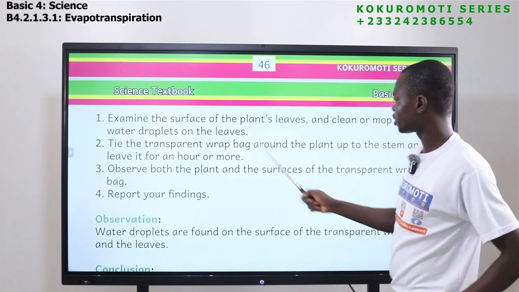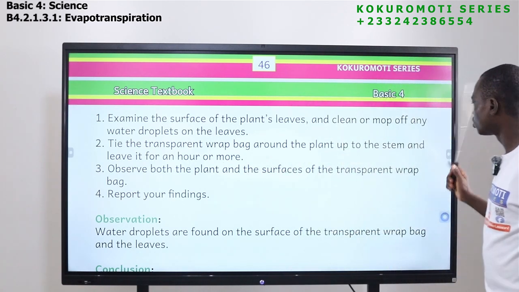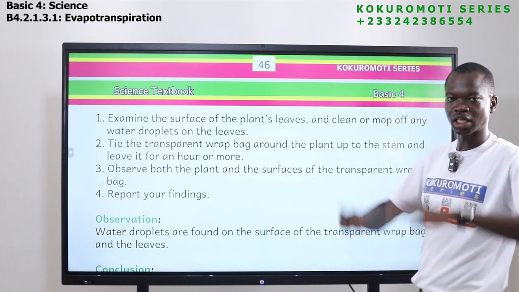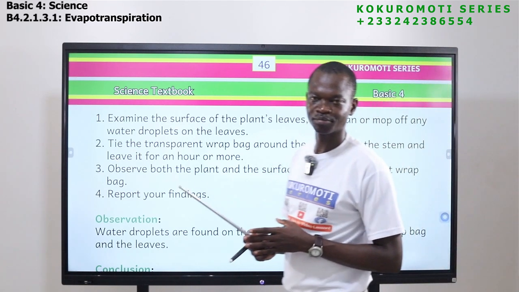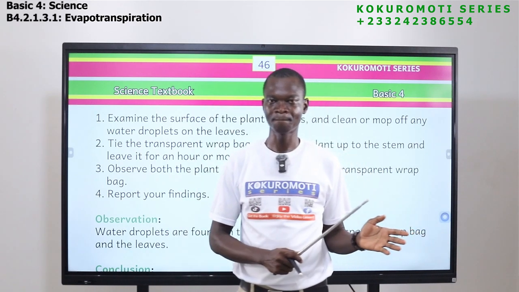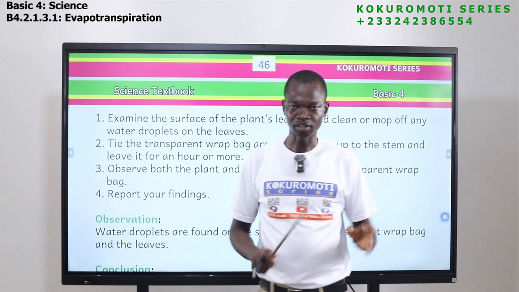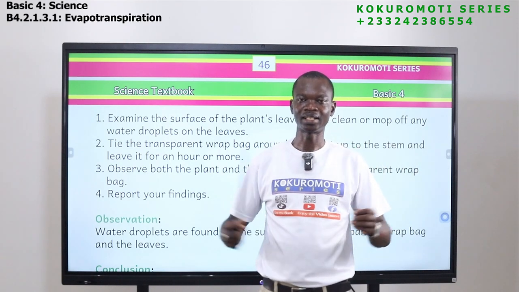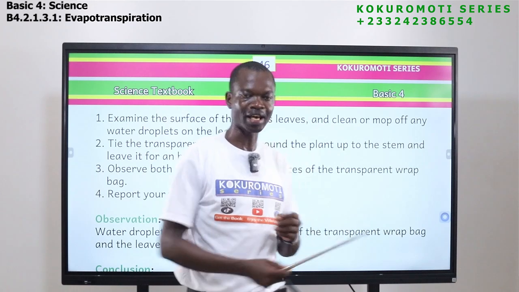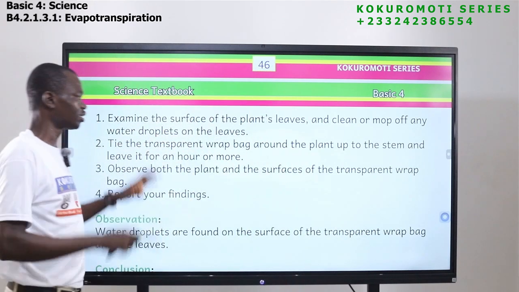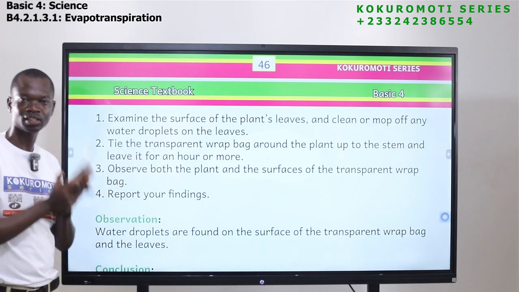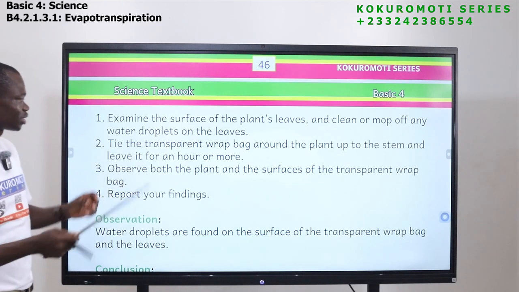Two, tie the transparent wrap bag around the plant up to the stem and leave it for an hour or more. So you cover the plant with the transparent wrapper. You wrap it and then you tie it to cover the entire plant. You tie it to the stem. So all the leaves and the branches will be covered with the transparent wrapper, and you tie it.